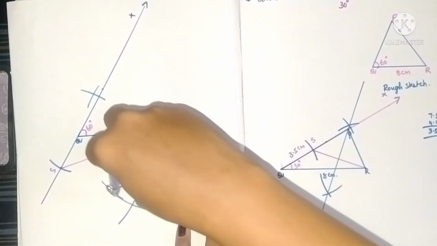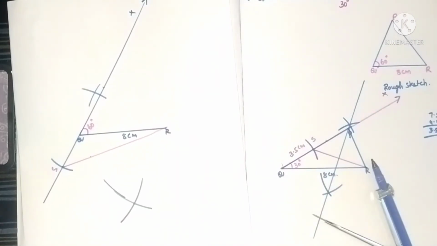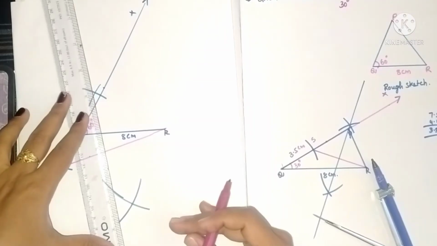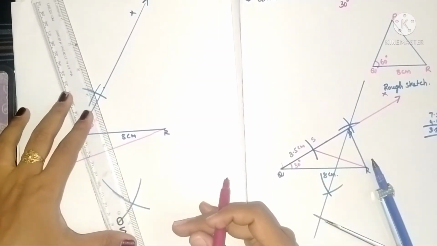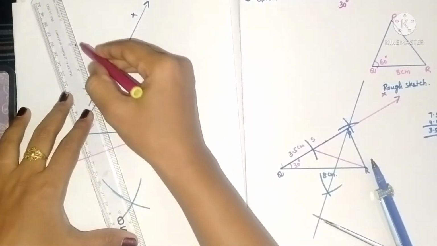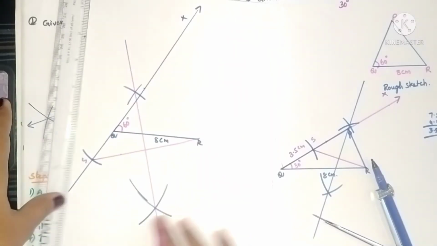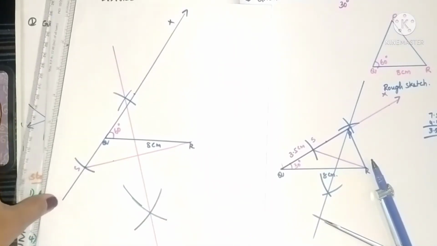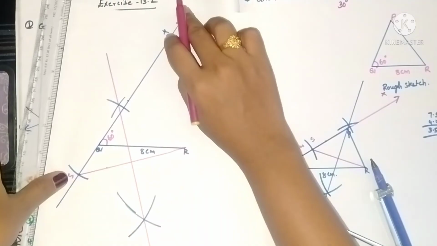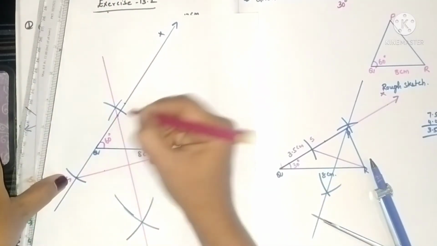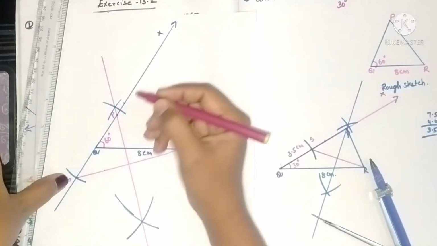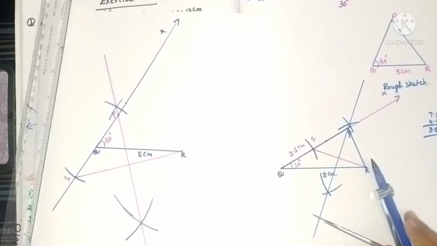So again come here and just extend it. So draw a line through the point of intersection. Now this perpendicular bisector intersects the QX ray at one point. That point is the vertex P.